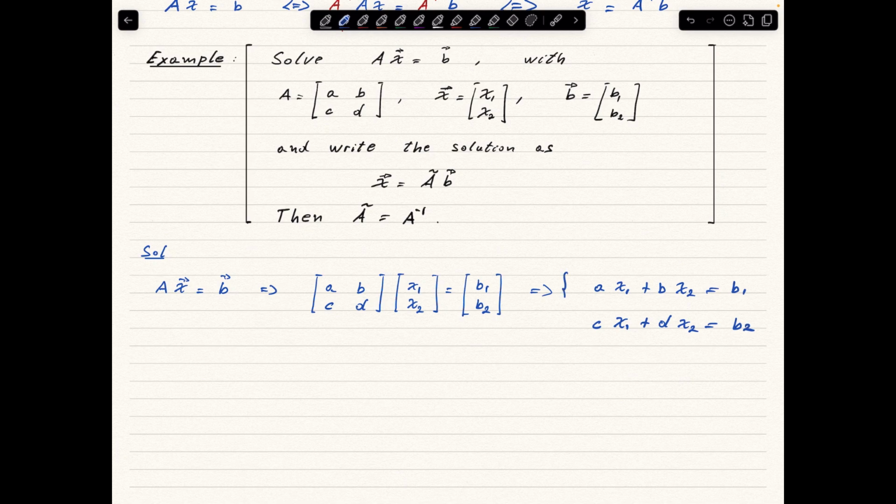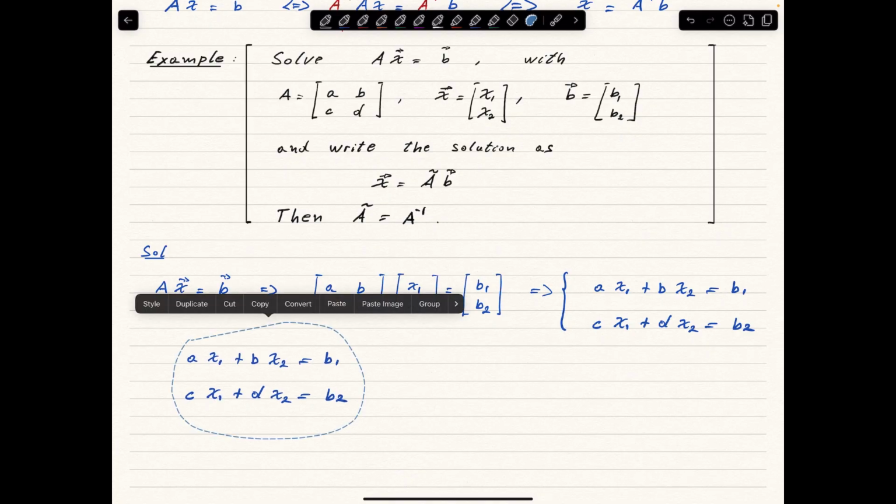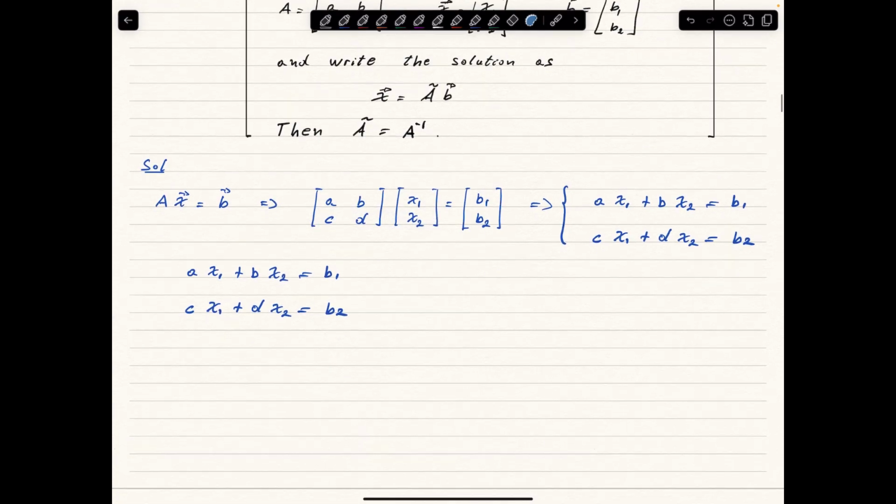So this is the system of equations written in the usual way, and now let's copy that over here to keep working. What we are going to do to solve this system, there are many ways to do it, isn't it? We compute from the first equation x1 and we plug that into the second equation and we solve for x2, and this is the substitution method.